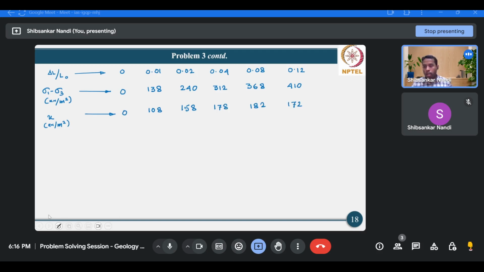Now we'll calculate the Q and Q prime values, because both are equal, and this will be simply (sigma 1 minus sigma 3) by 2. So this will be 0, then 138 by 2, that is 69.